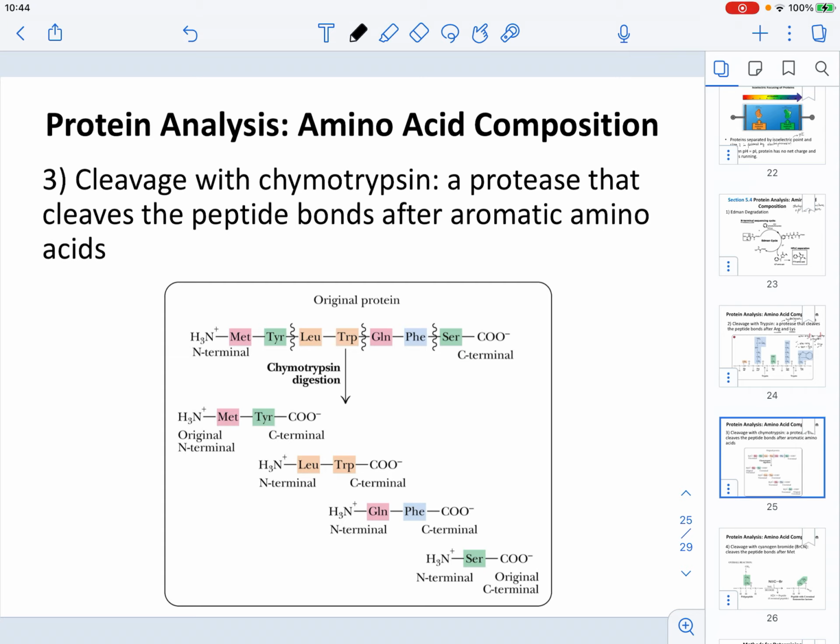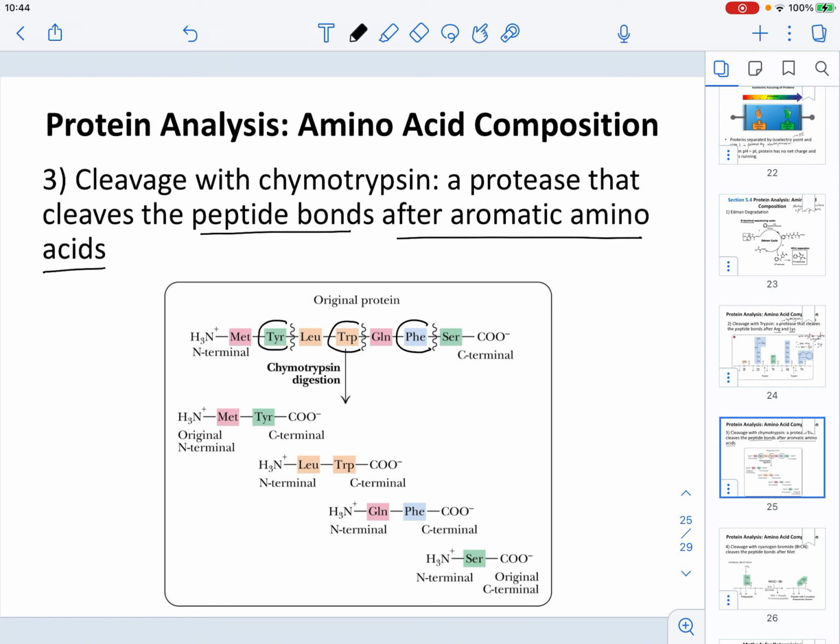Another enzymatic reaction that can be done for the analysis of the amino acid composition of a protein is chymotrypsin. Now, chymotrypsin is different from trypsin because it cuts the peptide bond after the aromatic amino acids. And as you can see here, your aromatic amino acids are going to be tyrosine, tryptophan, and phenylalanine.